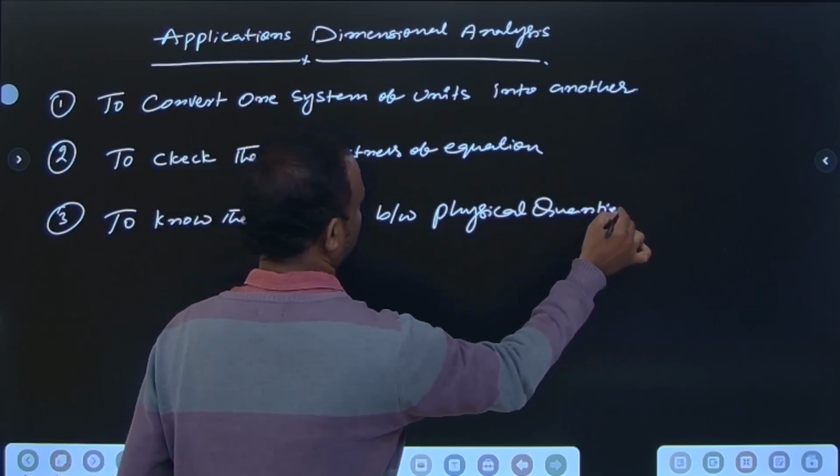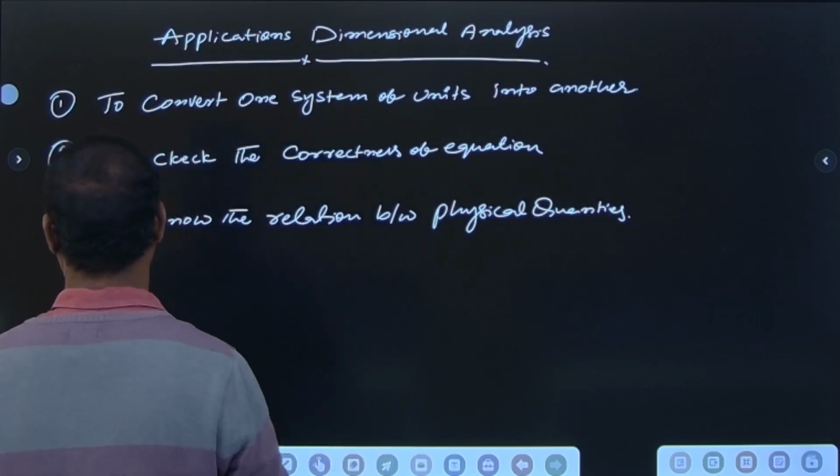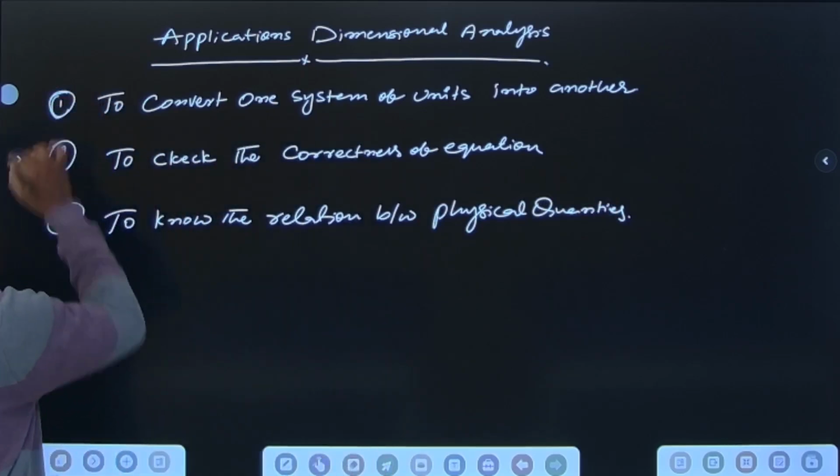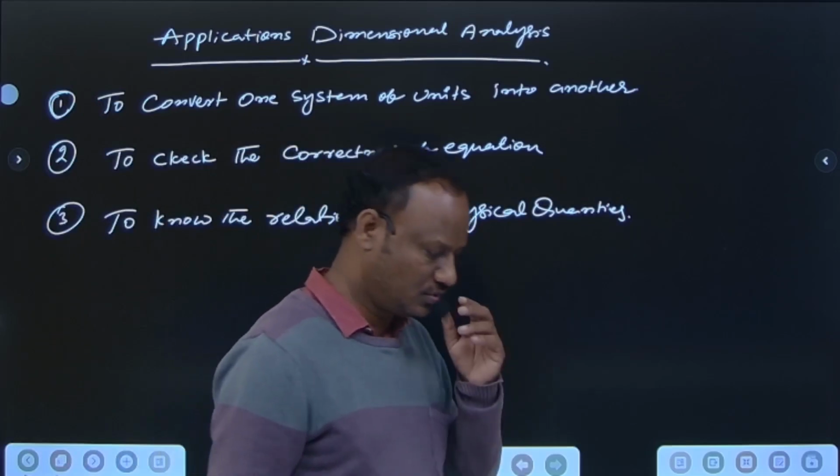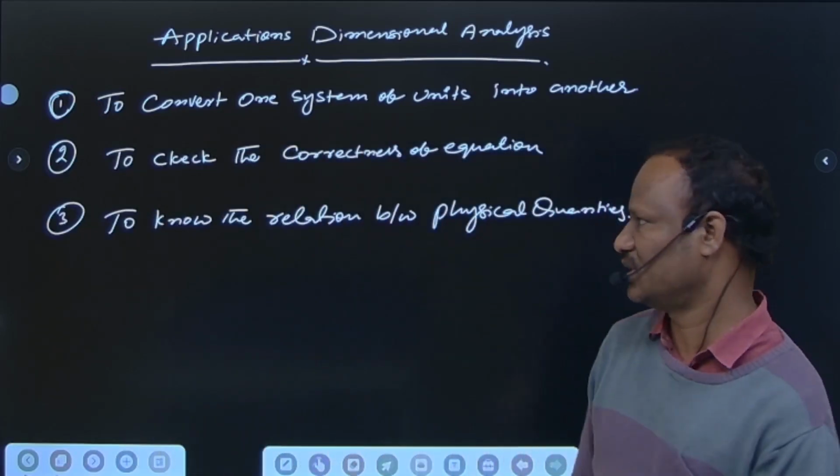So these are the three methods to know about and to use the dimensional formula.